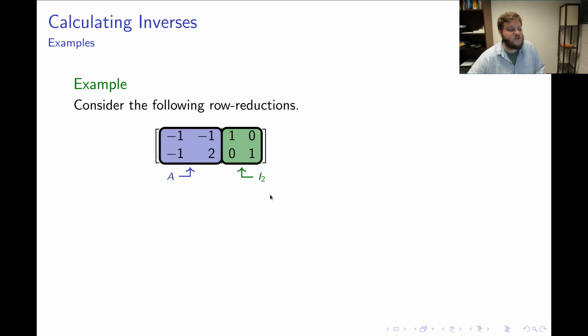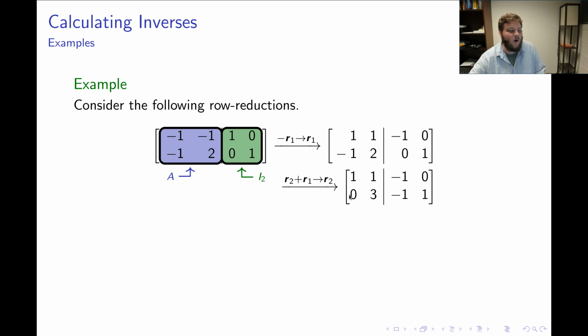Now I can start applying the Gauss-Jordan algorithm until I reach the reduced row echelon form of A on the left. I start in the upper left-hand corner where I have a -1. I make that -1 equal to 1 by scaling the first row by -1. That gives me my first pivot in the 1, 1 position, which I can clear out by taking row 2 and adding row 1 to it.